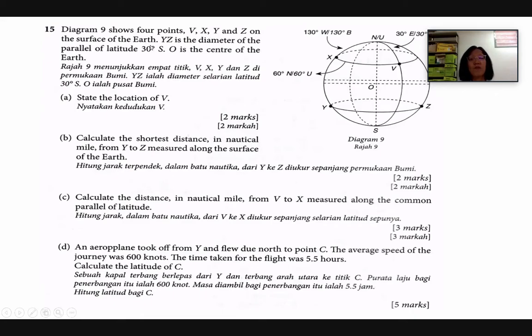So for question 15, YZ is the diameter of the parallel of latitude. Parallel of latitude means the horizontal lines like these. These are called latitude. The vertical lines are called longitude. Whether it is latitude or longitude, there must be a reference line, like when we are drawing a graph.